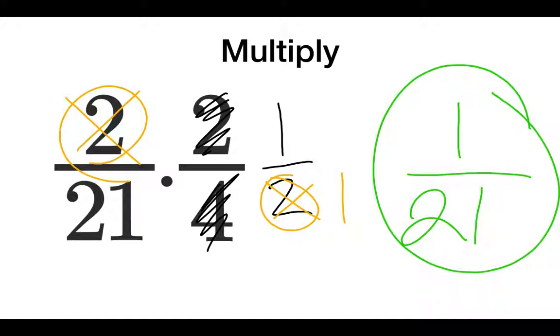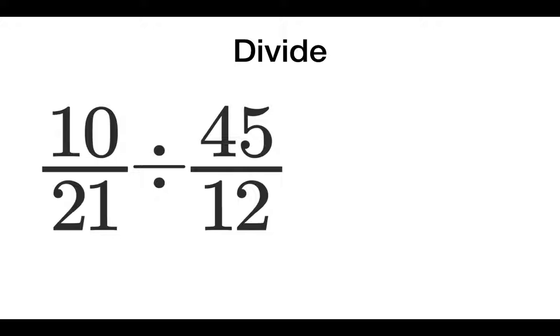Let's look at another example. Here we have 10 over 21 divided by 45 over 12. If you see this little symbol, divided by, all that really means is that you're doing the exact same thing except for one small issue at first. The first thing we have to do is take this second term and find its reciprocal.